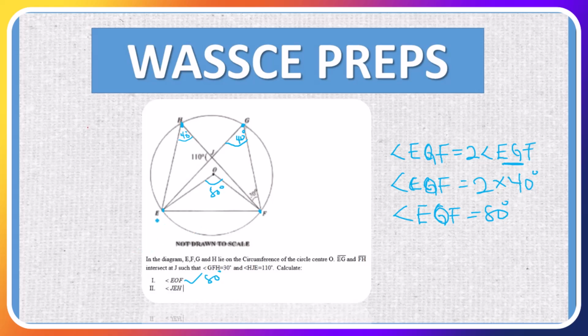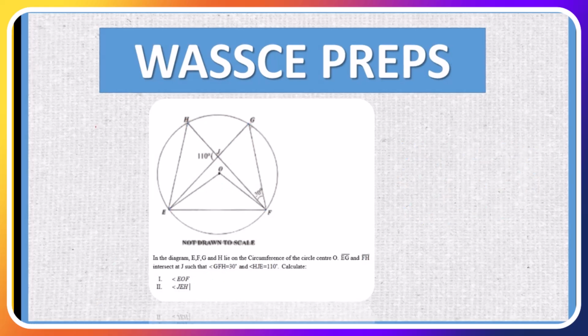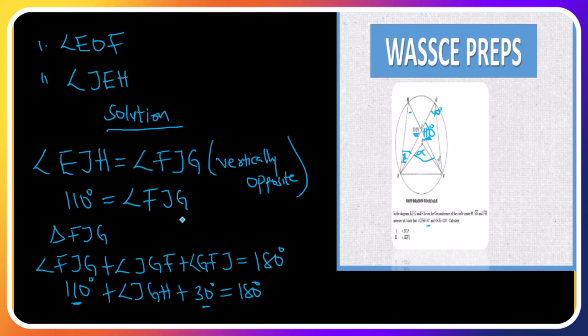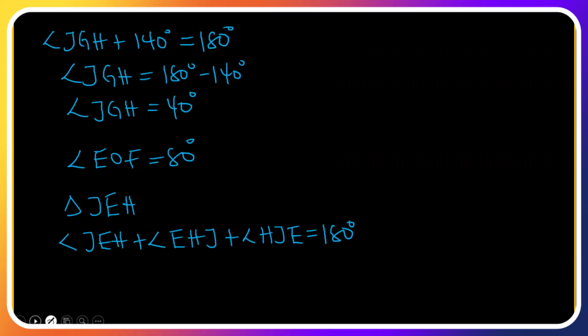So we can conclude that EHG is 40 degrees. So JEH is the angle under consideration, plus the angle EHJ, which is 40 degrees, that was what we calculated, plus the angle HJE, which is also 110 degrees.